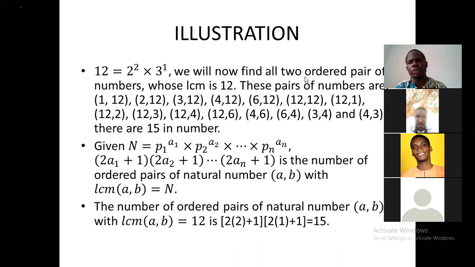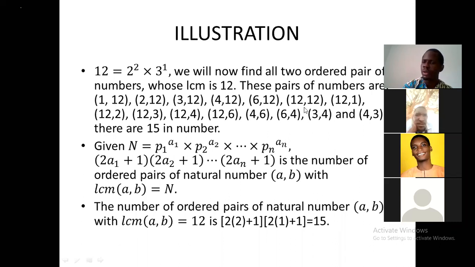Now I want to find the ordered pairs of two numbers such that the LCM is 12. We know that 12 can be one of the numbers and it can be combined with any of the factors of 12. So we have (1, 12), (2, 12), (3, 12), (4, 12), (6, 12), (12, 12).